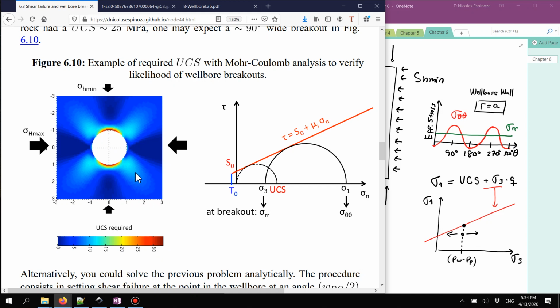What you should see from this image is where those stresses are at the maximum and how that varies going away from the point of maximum stress.